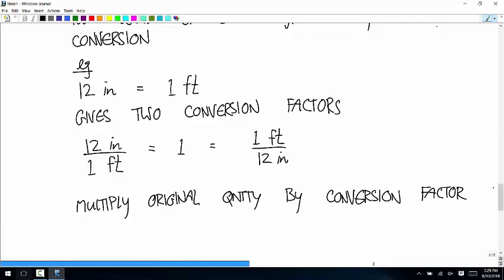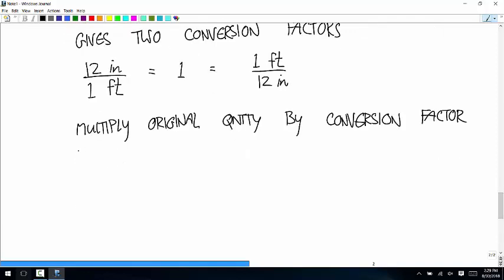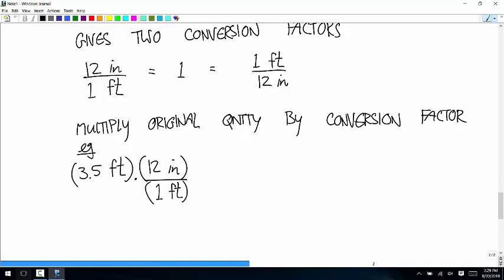Okay, so in our example, we started out with this quantity 3.5 feet. And I'm going to multiply that by 12 inches over 1 foot. And you can think of those units as just algebraic variables.